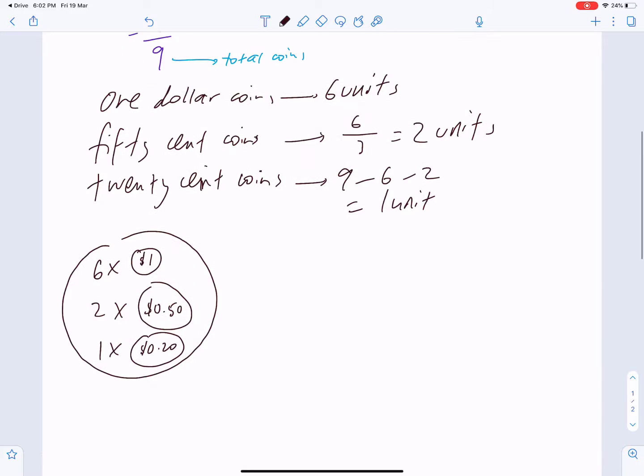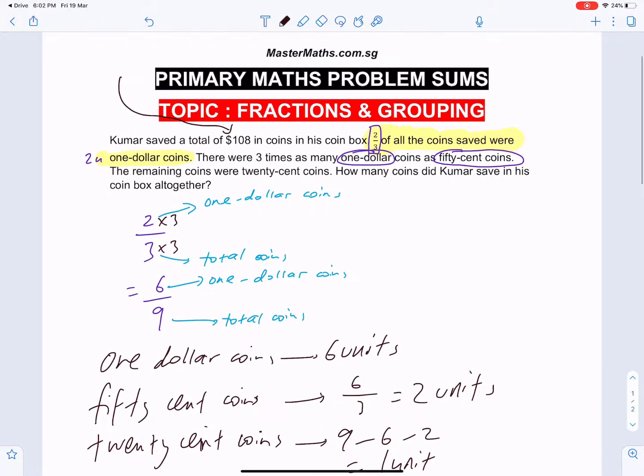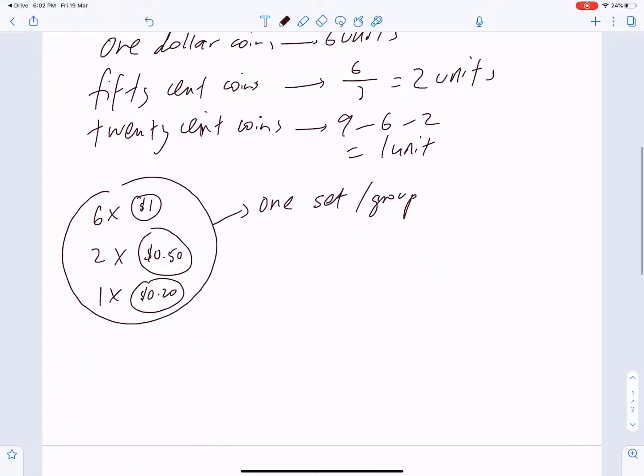Of course, this guy does not just have one set. This is one set, or you can say one group. You can use a group as well. He doesn't just have one set or one group, because he has a total of $108. So he has so many of these groups. So what we can do is find the cost of one set of coins first.